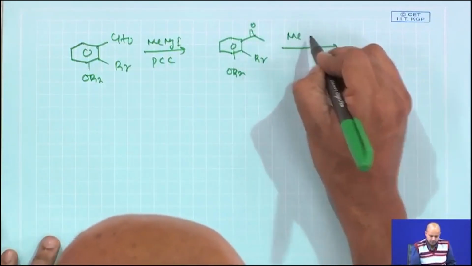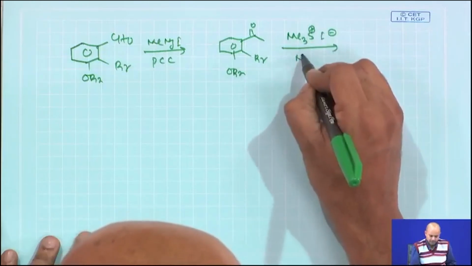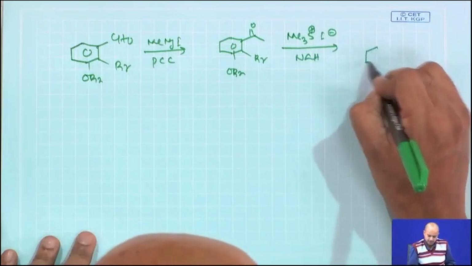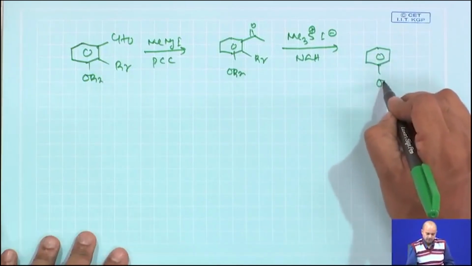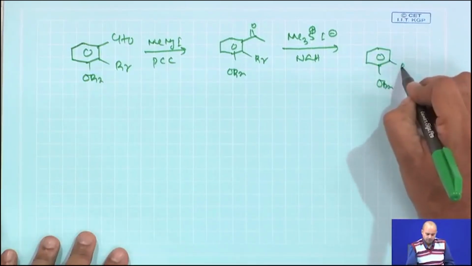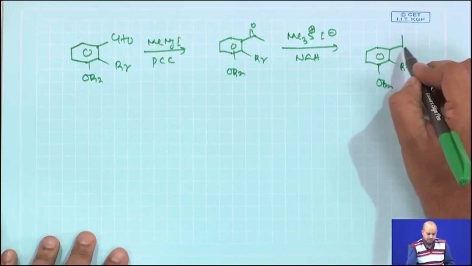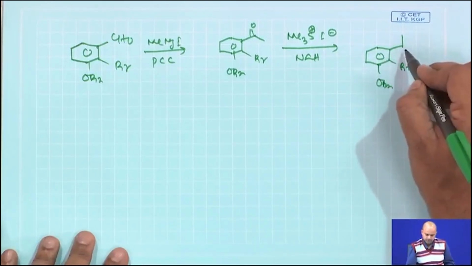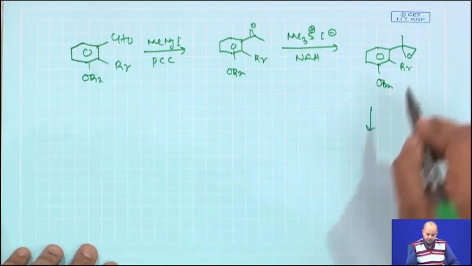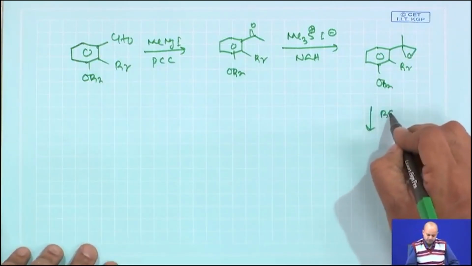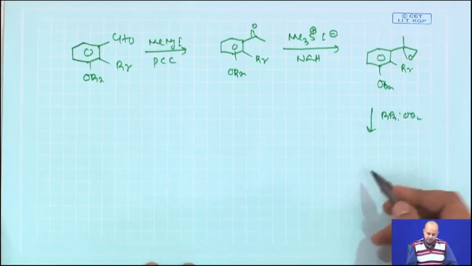So, trimethyl sulfonium iodide and sodium hydride will basically get the corresponding epoxide, you get this. Now, you put the BF3 for your Meinwald rearrangement.